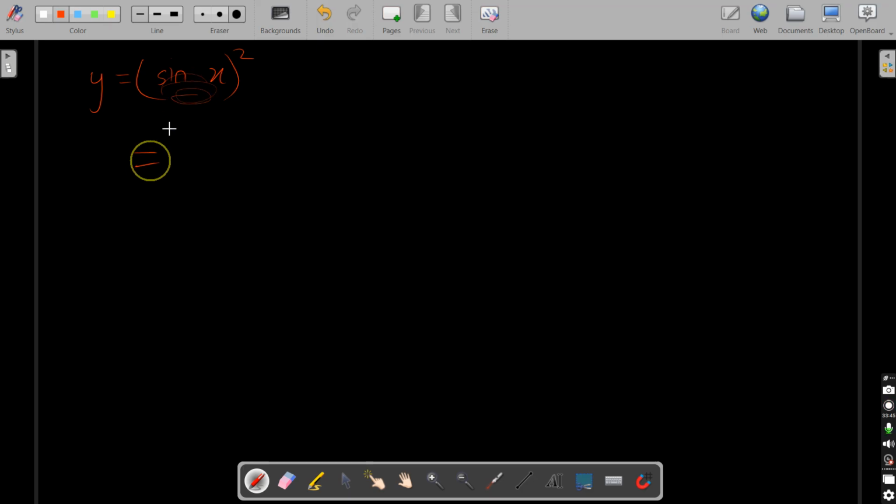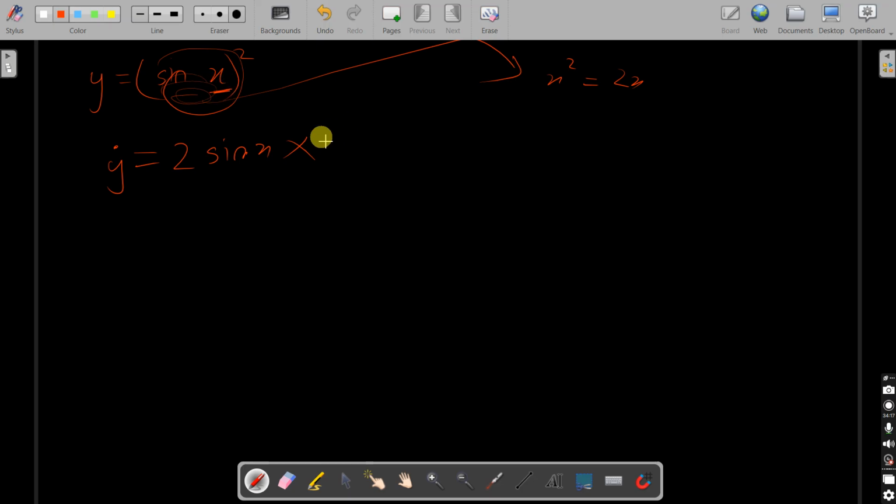So dy by dx will be 2 sin x, because if we have x squared, look at this whole thing as x squared, so the differentiation of this is 2x. So we got 2 sin x. This was x, multiplied by the differentiation of the next term, which will be x raised to 2, which will be 2x.